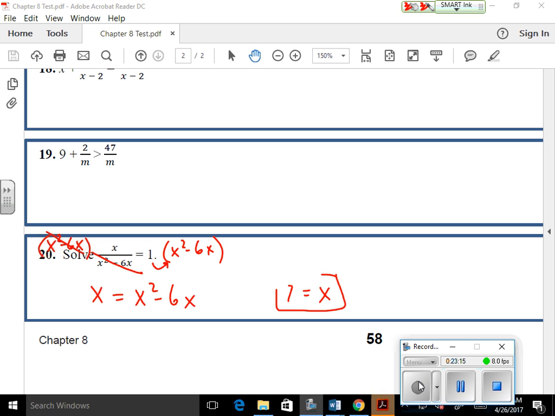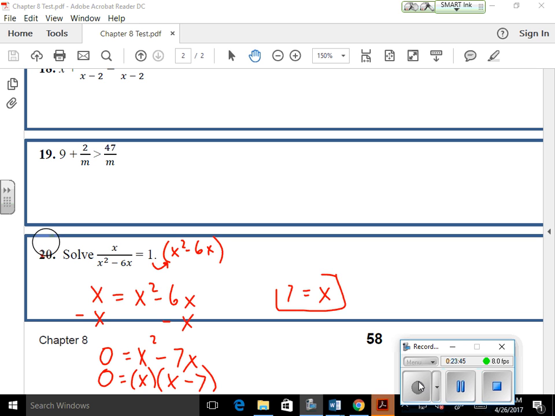Since I have a squared, I usually need to set it equal to 0. So if I subtract x from both sides, I get 0 equals x squared minus 7x, which means if I factor out an x, I get x minus 7. So in this case, x could either be 0 or it could be positive 7.